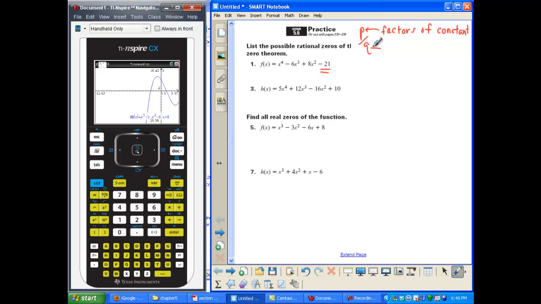The Q represents factors of the lead coefficient. So we will look at the lead coefficient now for things other than end behavior.